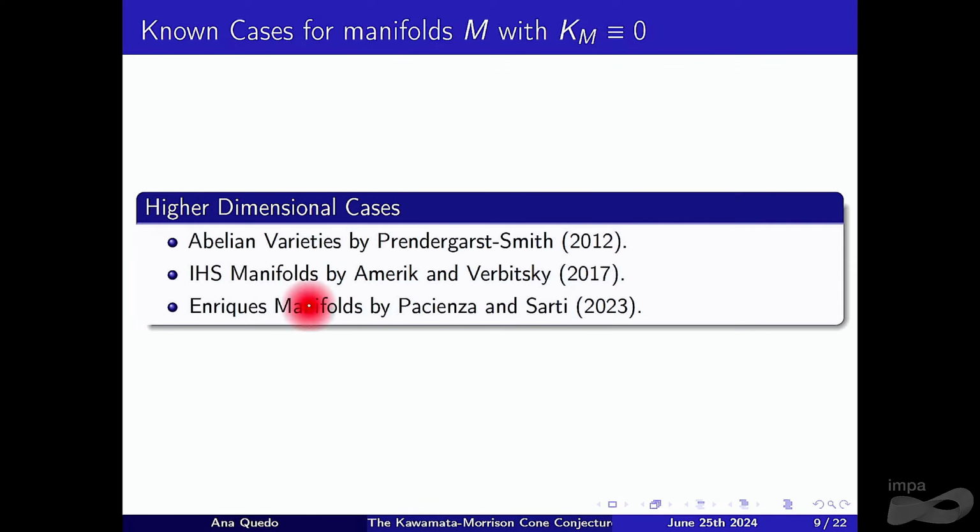The Abelian varieties case was already proven by Prendergast-Smith. IHS manifolds were proven by Amerik and Verbitsky. And Calabi-Yau manifolds for some prime covers were done by Paciencia and Solda.